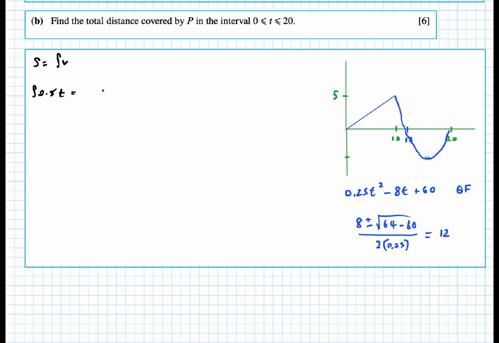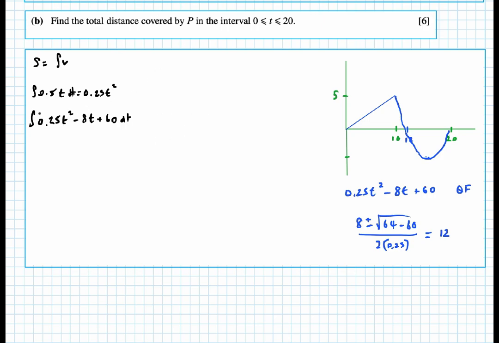So we just integrate our two equations now. So our first one will be straightforward, straight line. We'll just plug in a value for that one at 10 seconds. Our second equation, we're going to have to do two stages, as I said, and you can see in the graph over there. So there's going to be two stages for this.